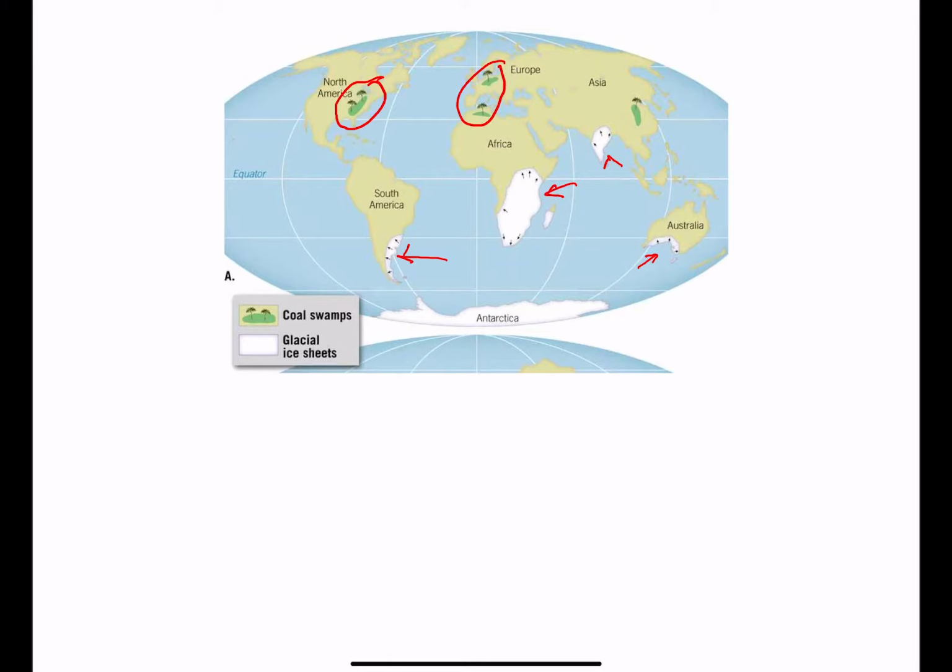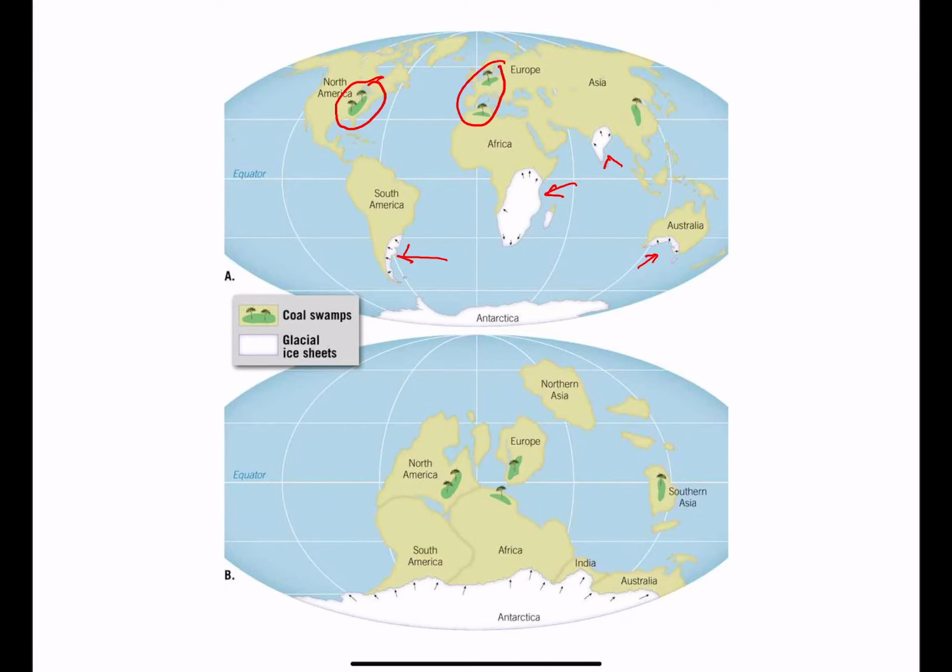So how would you explain that there was so much ice in these regions 300 million years ago? The explanation is that these regions were all part of Pangaea, which happened to be where Antarctica is right now.